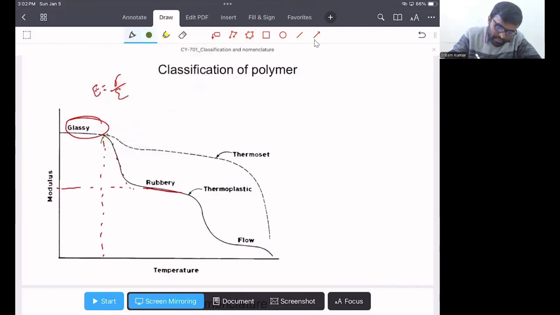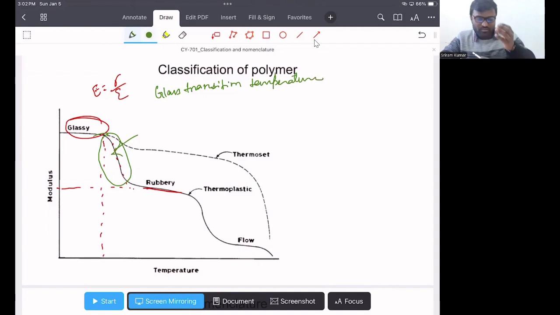In this particular range of temperature we have the glass transition temperature, because the polymer is transformed from the glassy state to the rubbery state, and the temperature at which that transformation happens is called the glass transition temperature.